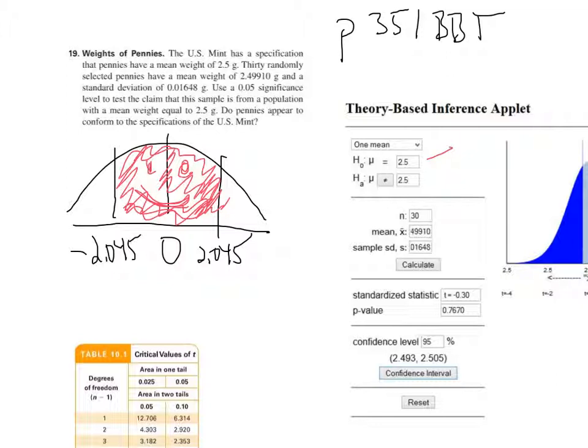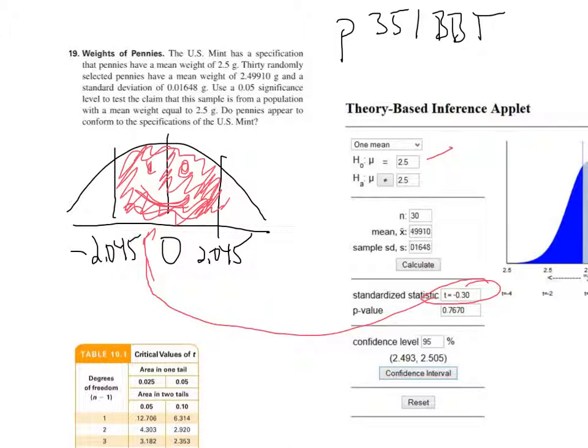So if we compare the t-score we got, that t-score is inside that range. It isn't in the rejection region. So it's in the happy place for H0, so we can't reject H0, which means it looks like the pennies do appear to conform to U.S. Mint specifications, and this one batch of 30 was just a fluke, within acceptable limits.